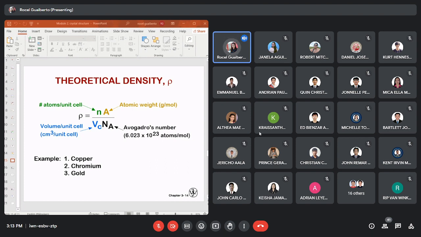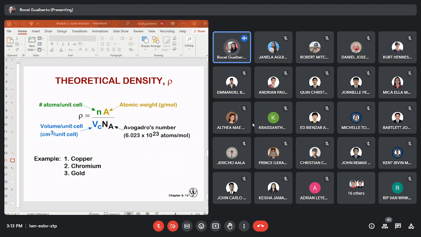Pangalawa naman po is the number of atoms per unit cell. Let us have first yung unit cell niya. Kapag po simple cubic, FCC, BCC, lahat po ng unit cell doon is in the form of a cube. It is only HCP that has a hexagonal prism as its unit cell. Pag po nagkakat tayo ng unit cell coming from an arrangement, all these spheres po or the atoms, nakahati po.